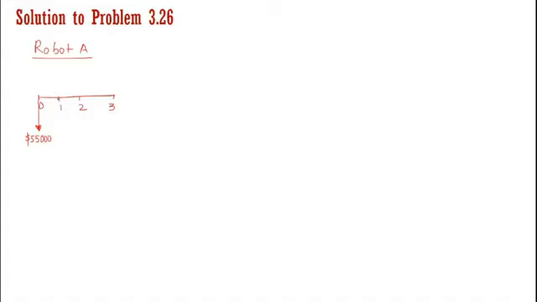Now maintenance and overheads are given as $3,000 each. So these are annuities, and the value of each is $3,000.